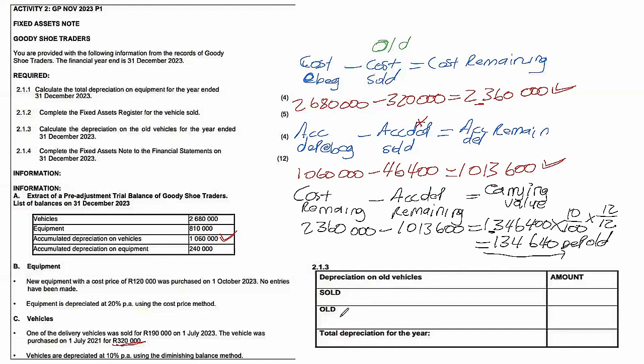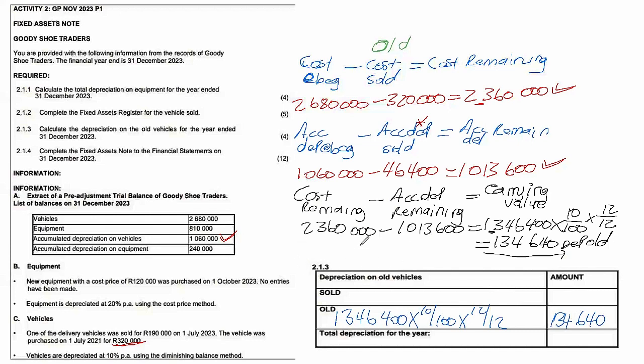So the calculation will be that carrying value of 1,346,400 multiplied by 10%, then you multiply by 12/12. So now it's going to be 134,640, right?